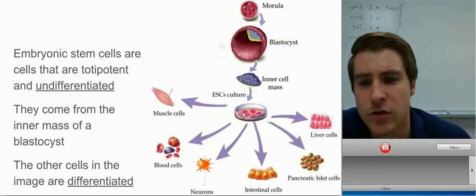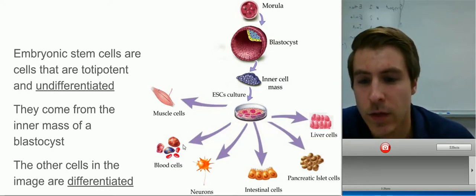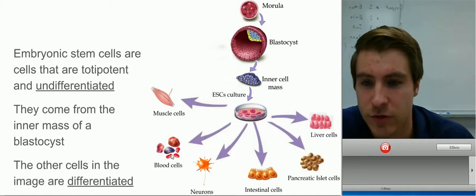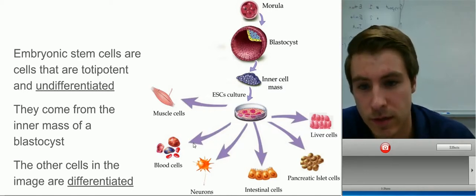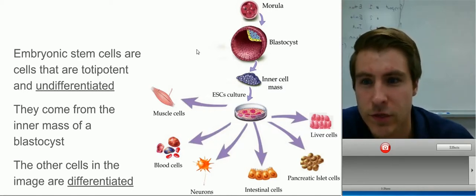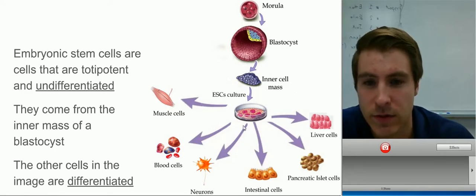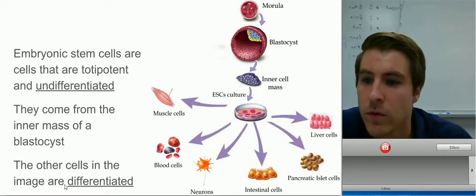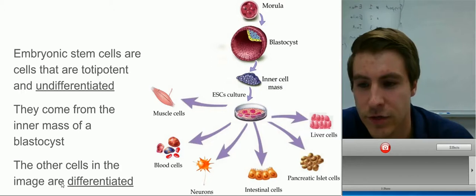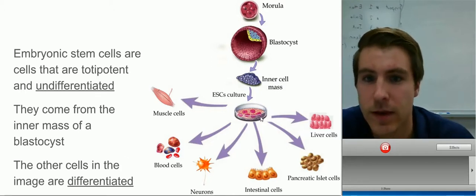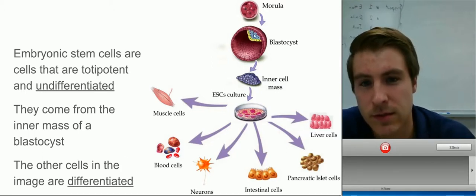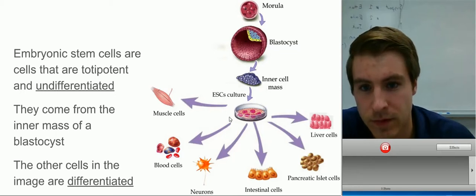If we turn on genes like hemoglobin that are very important in the structure and function of a blood cell, then we could get a blood cell. So it's the regulation of these genes that is going to allow the cells to differentiate. When you think of the word differentiated, I'd like you to just think of the word different, and really it's what allows stem cells to become different from one another.